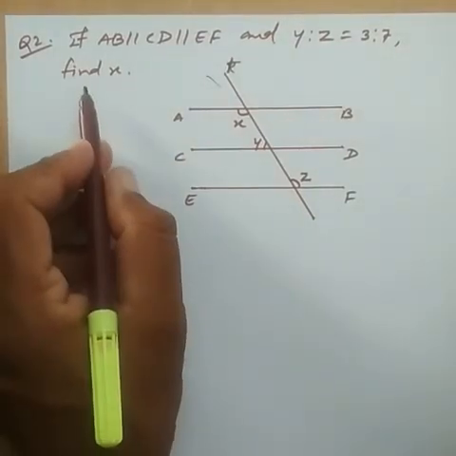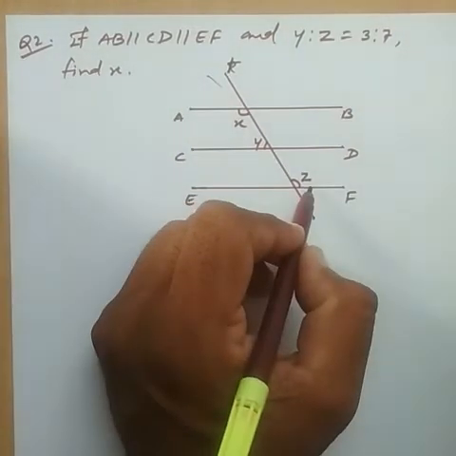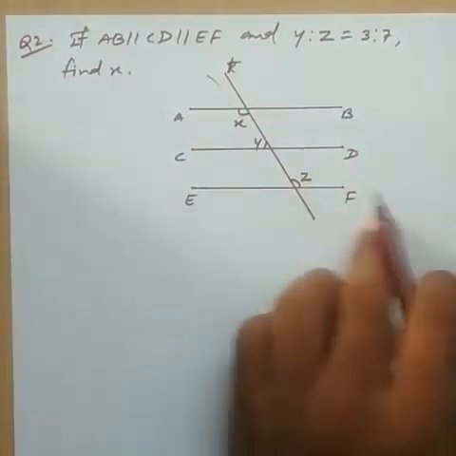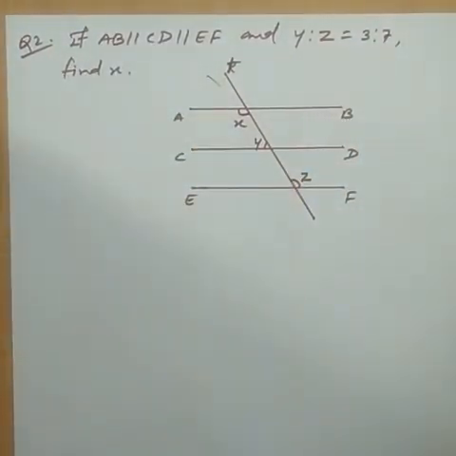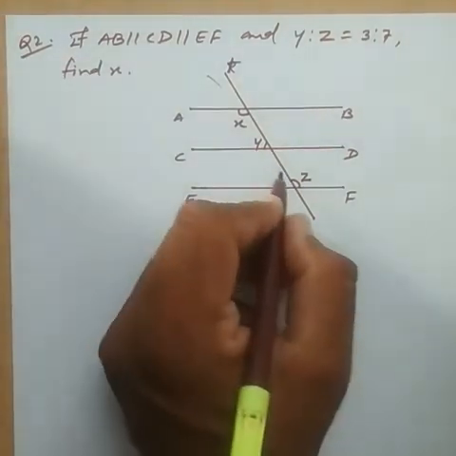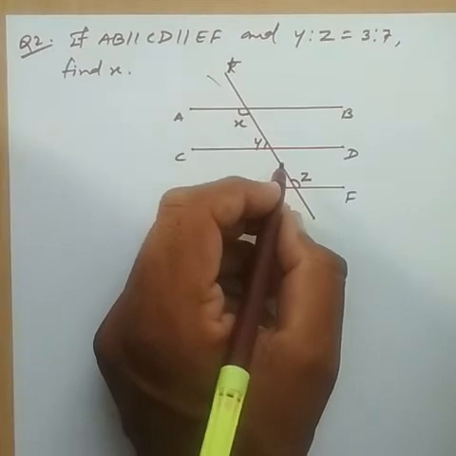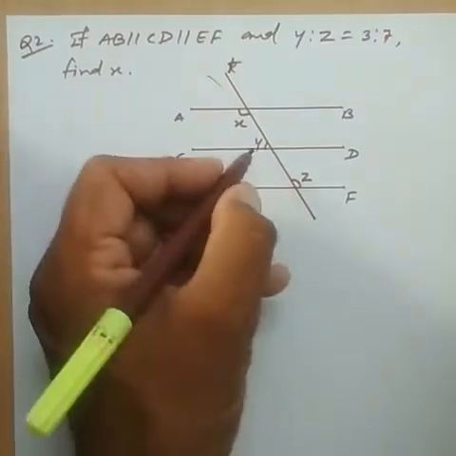We should find the value of X, and X is related to Z, alternate interior angles in the lines AB and EF. So find the value of Z. For finding the value of Z, here Y and Z are in a particular relation.